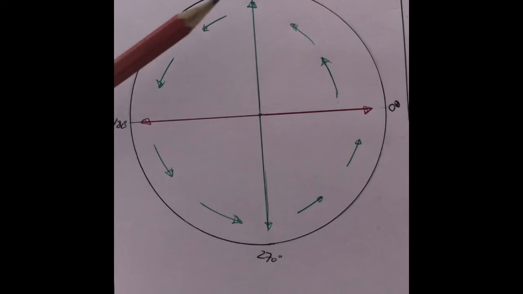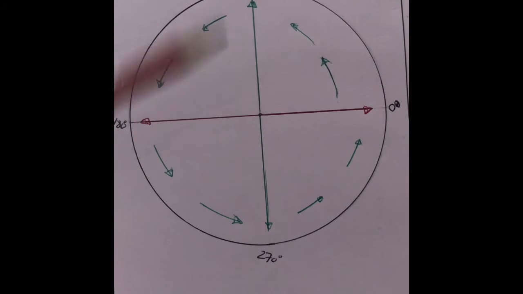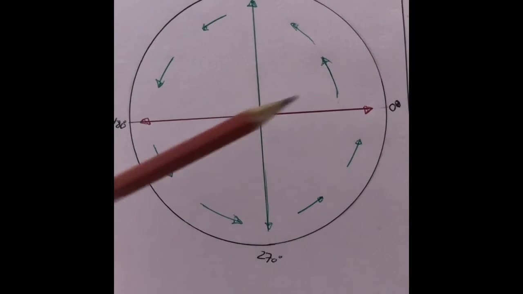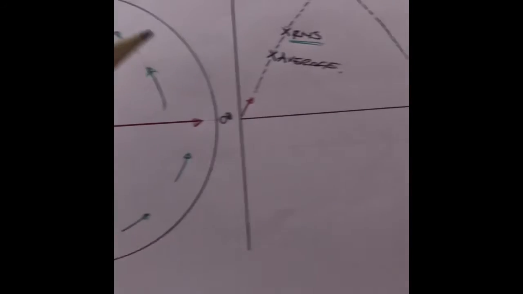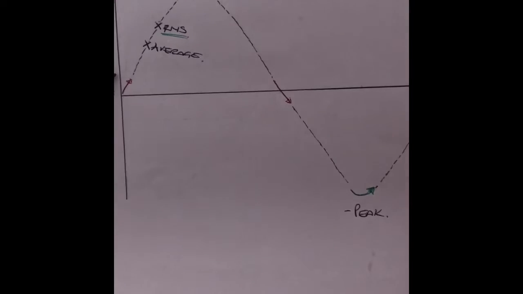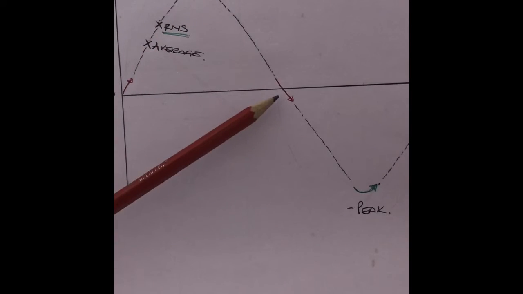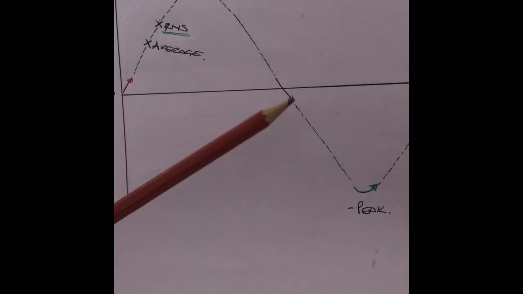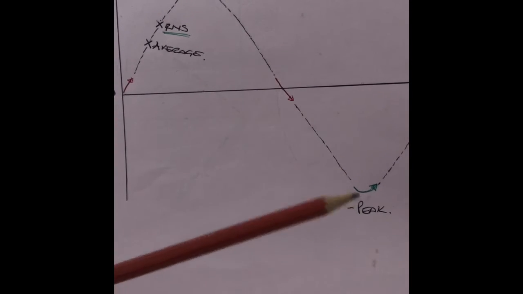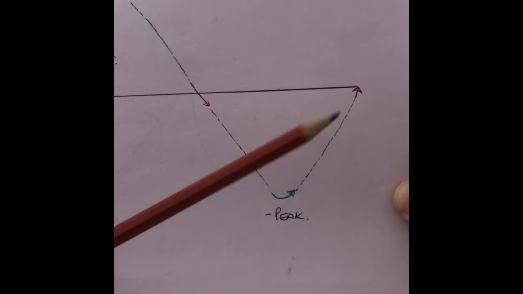So we now have our y-axis, positive and negative, and our x-axis, positive and negative. So looking again over at the sinusoidal wave, I've put on there again our average cycle, our RMS, and then our peak, which drops down again to our 0, our 180 degrees, down to our 270 degree peak, and then back to our 0.